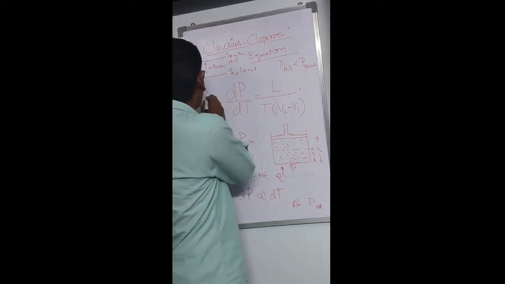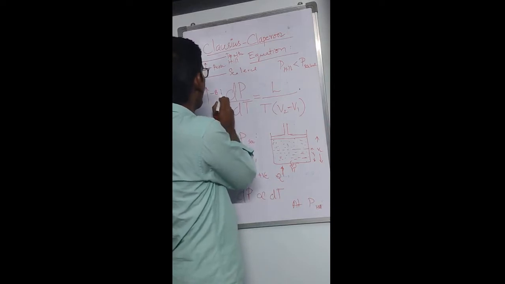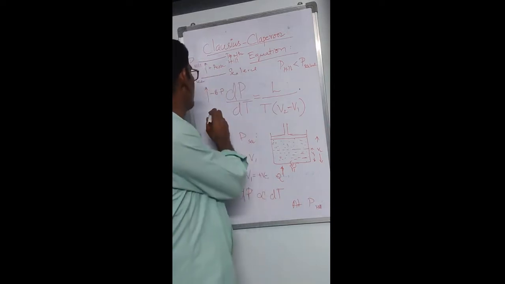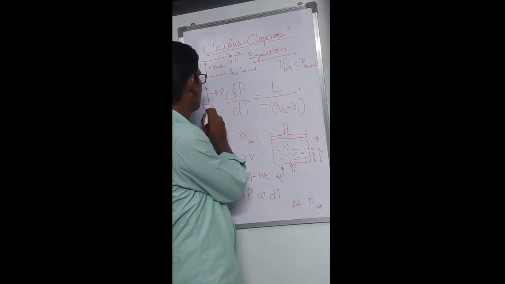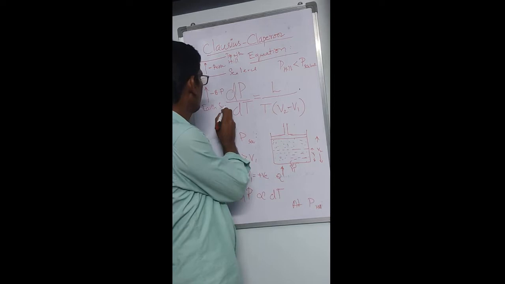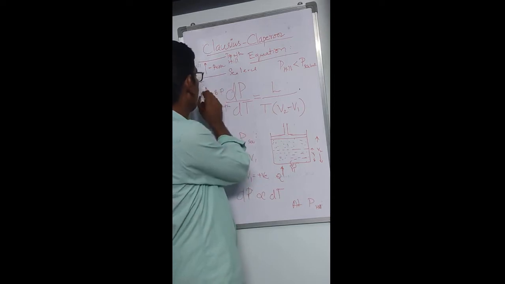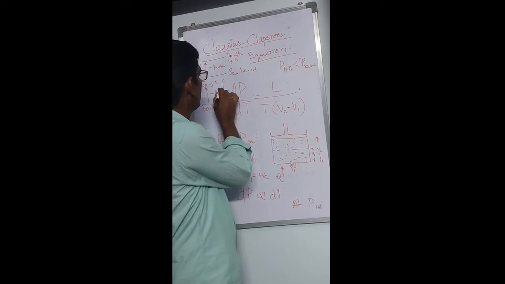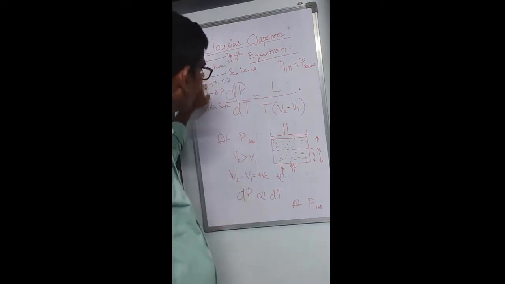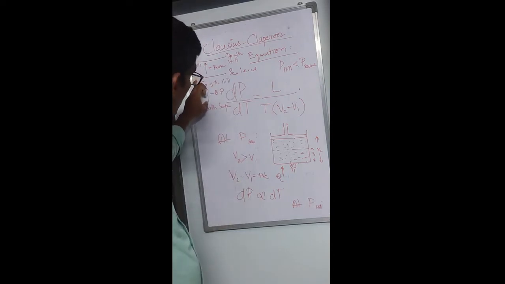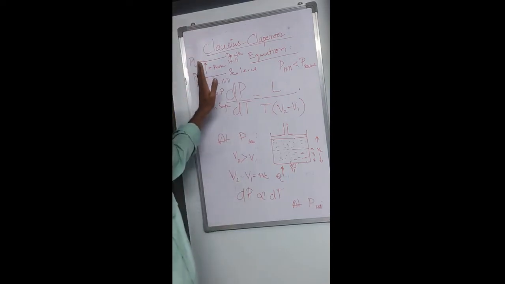As you move up, you always see the decrease in the boiling point. As you move from sea level, the Earth surface, to the top of the hill, what is happening? Boiling point. This is a decrease of the boiling point direction.